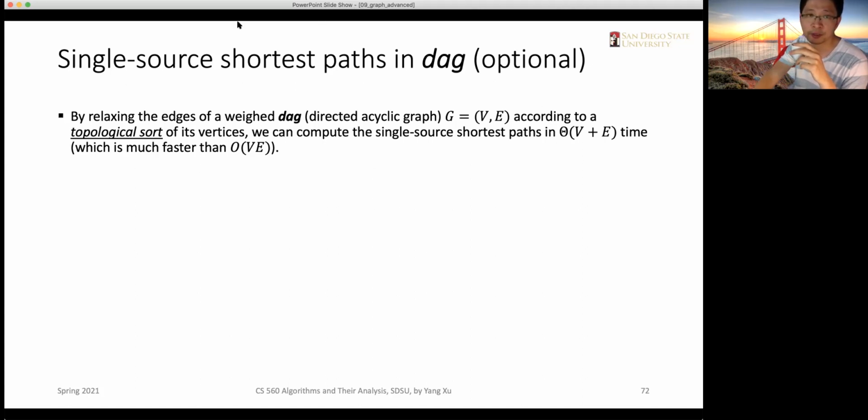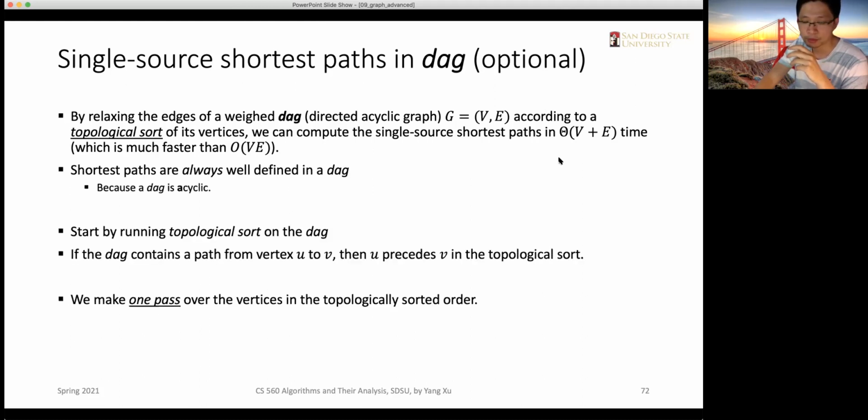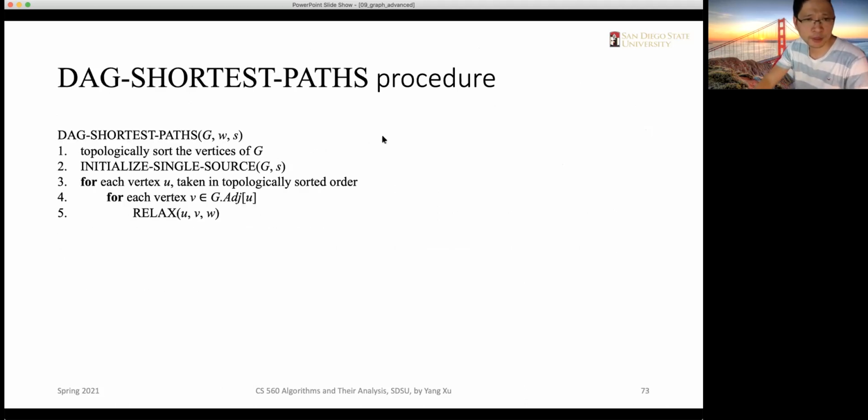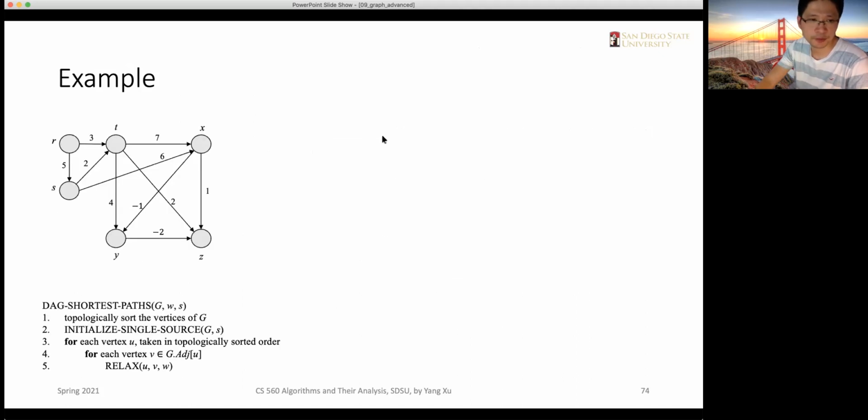It will save our time from big O of V times E to big O of V plus E, which is basically a linear running time now, right? So I'm gonna skip it for now, and we can probably cover it sometime next week when we do the summarization, okay?